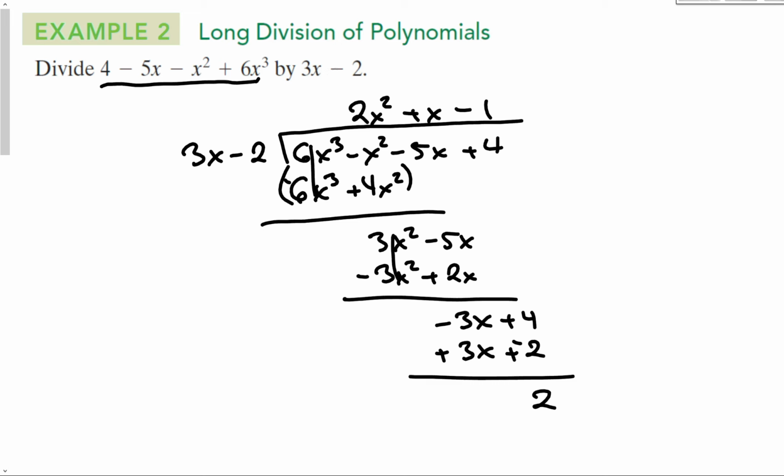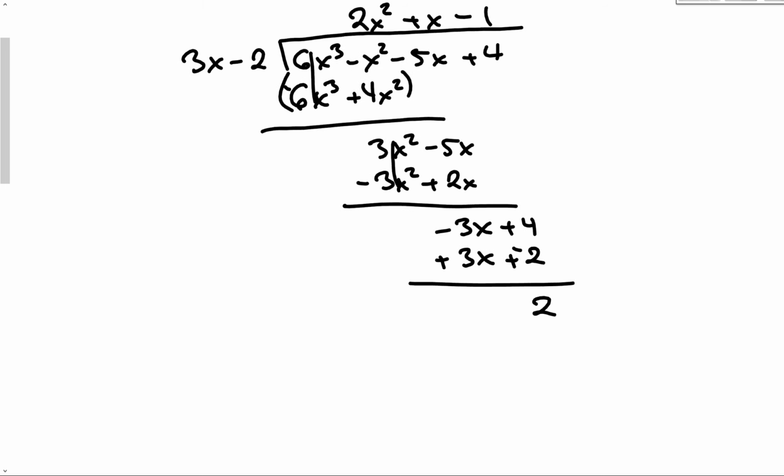The way we're going to write this is, we're going to write my answer as 2x squared plus x minus 1, not that. I don't know who learned how to do remainders like that, but we don't just put a remainder 2. But we are going to write this as a fraction. So we're going to add 2 over the divisor, which is 3x minus 2.